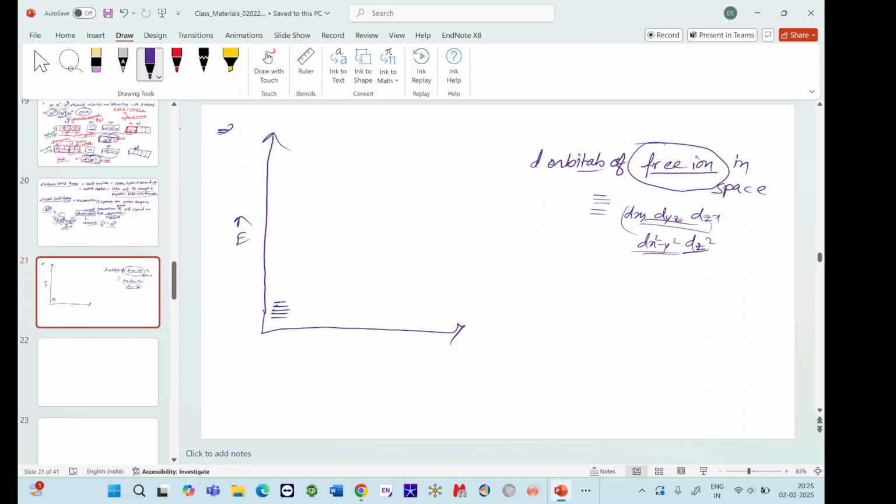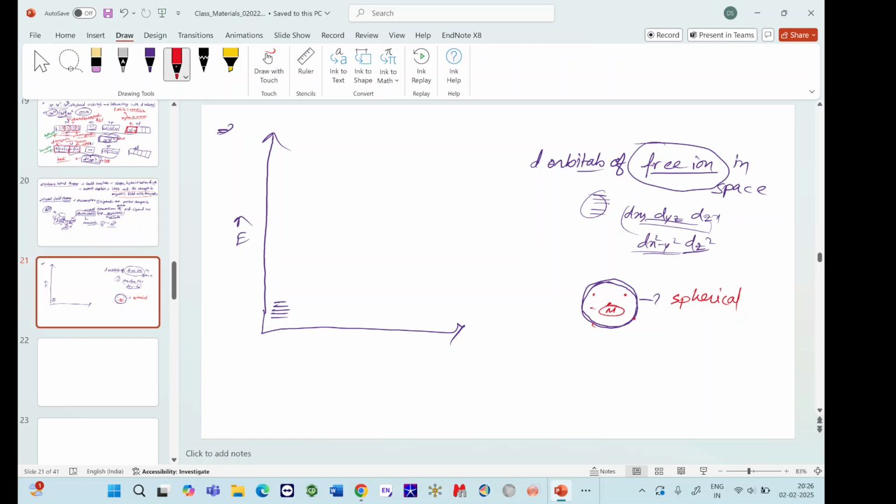All are at the same level. Now you take these d orbitals into a crystal field, but it is spherical. So your metal is sitting at the core, and on the sphere surface, somewhere is your ligand. Say here, here, or here.